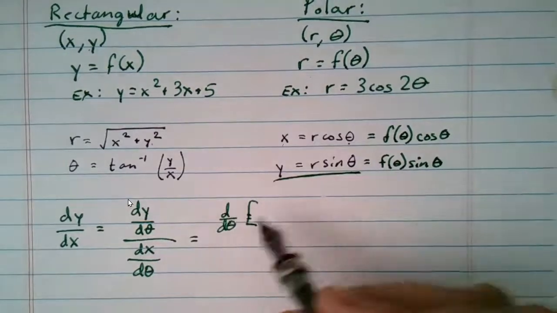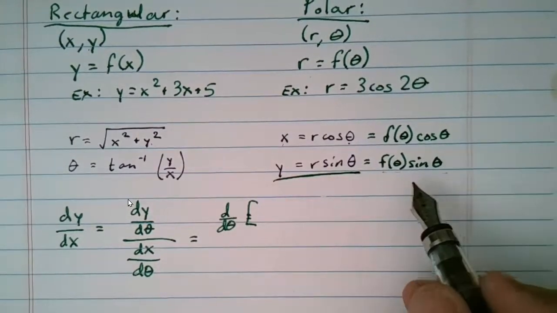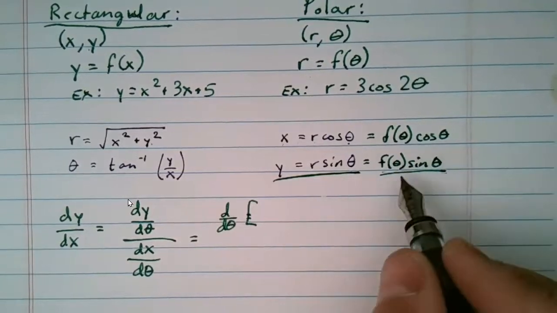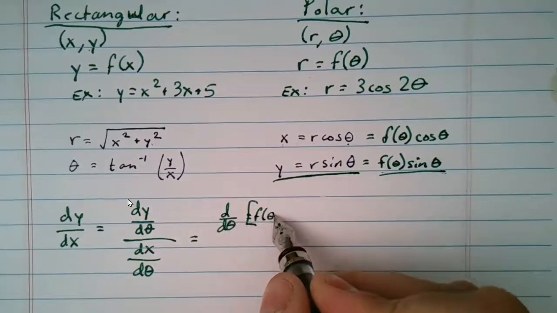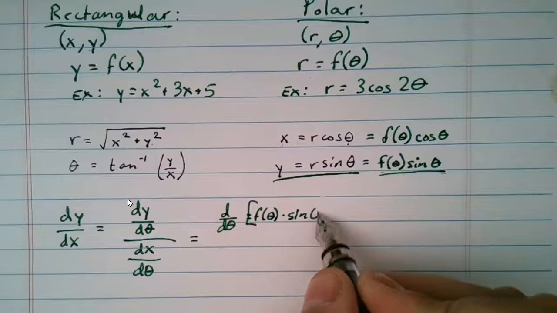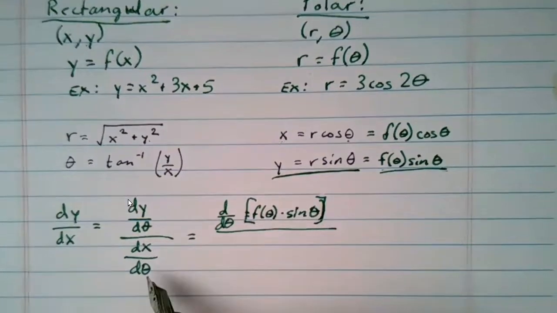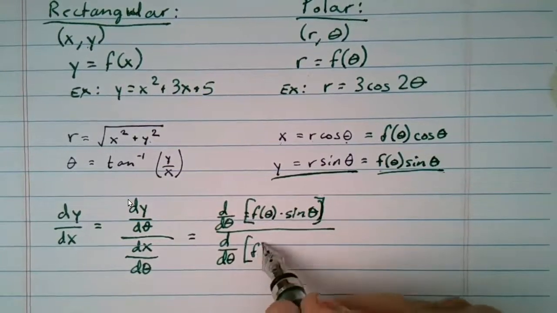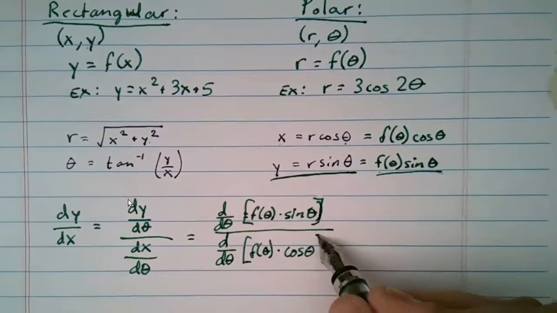Now, d theta of this, which would be dy d theta, is going to be the product rule. So it's going to be the derivative of f of theta times sine of theta, and dx d theta will be d theta of f of theta times cosine of theta.